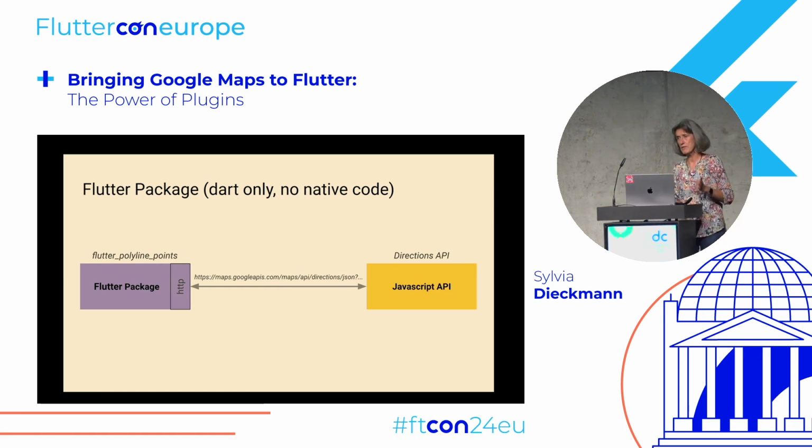So the majority of what the package does is take all the arguments, put the request together, send the request off, and then once the result is back in, pick the results apart and hand that back to the caller in the correct format.